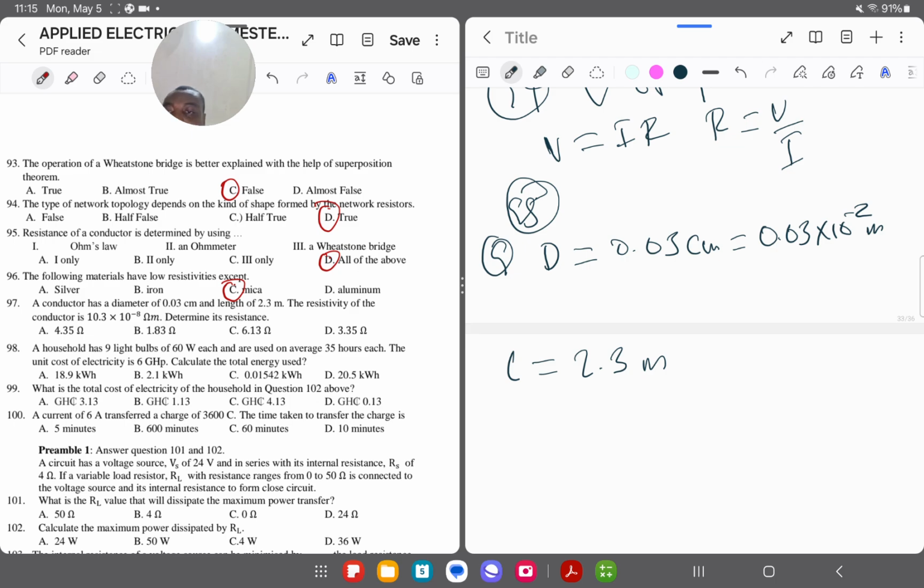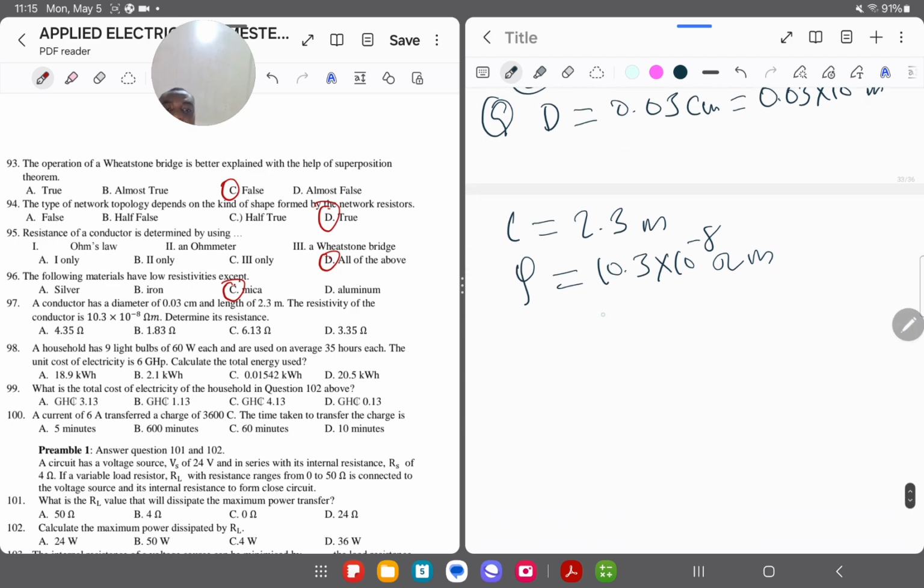Now the resistivity of the conductor is 10.3 times 10 to the power minus 8 ohm meter. You are asked to determine its resistance.